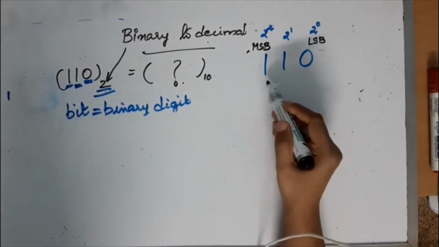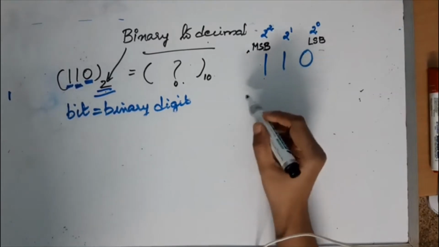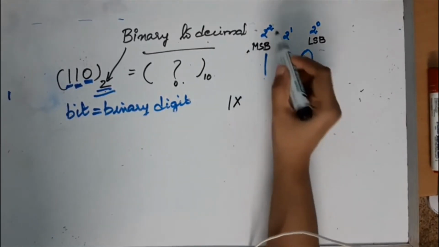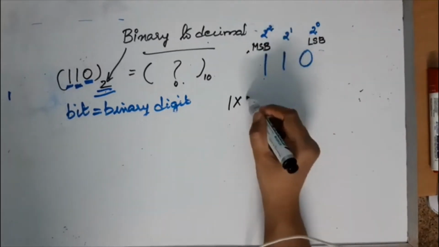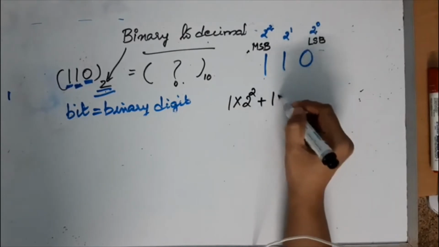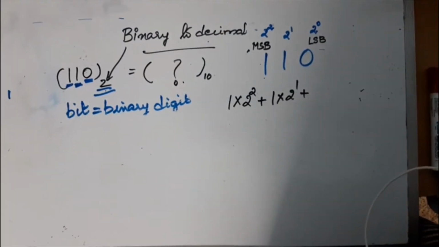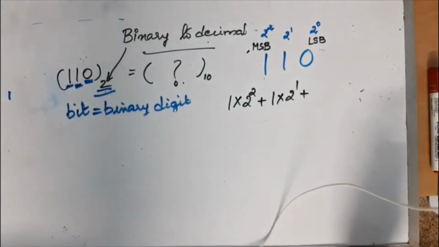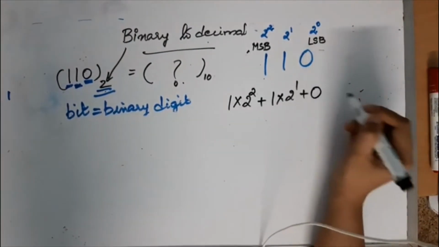So how do you write that? This one, 1, into this weight 2 raised to 2, plus this one into 2 raised to 1, plus 0.